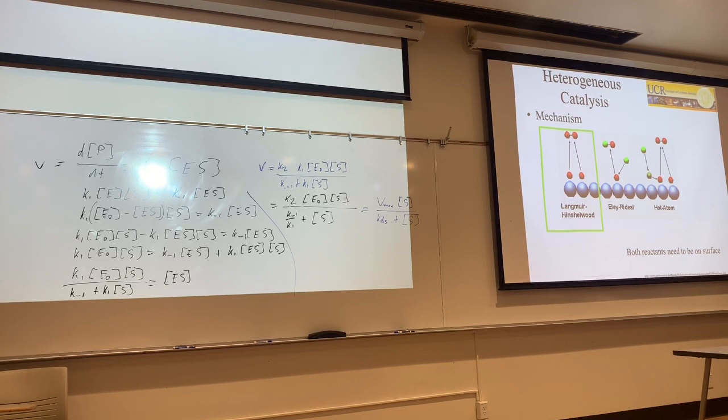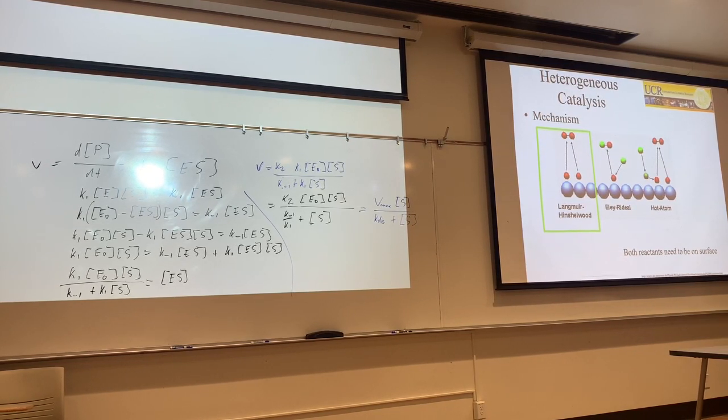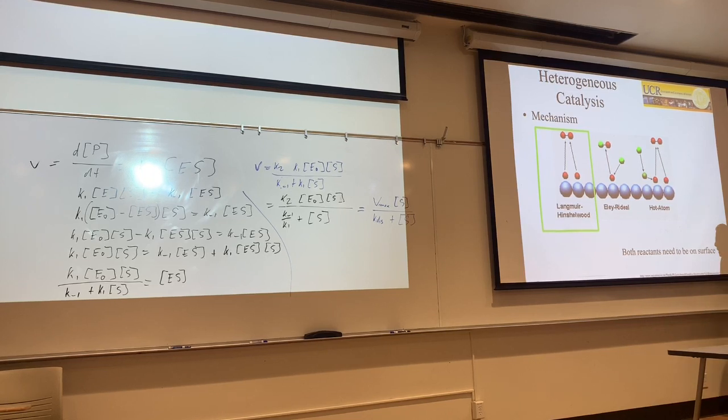And very frequently, heterogeneous catalysis involves solid catalysts and a fluid, either a gas or liquid, of the reactants and the products. So a solid is a regular or not so regular arrangement of atoms which are bound in more or less a crystalline lattice.